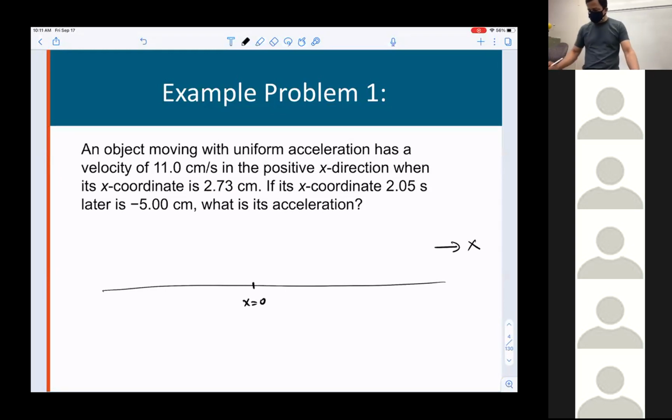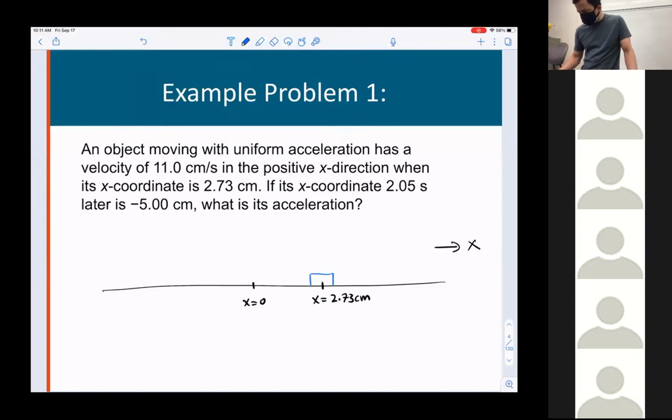And then it says that it has a velocity of 11 centimeters per second when it is located at 2.73 centimeters. So 2.73 centimeters is going to be somewhere over here. So let me go ahead and mark this as x equals 2.73 centimeters. And let me go ahead and draw a little picture for this object.